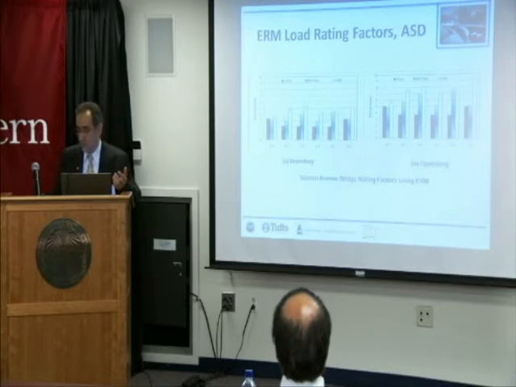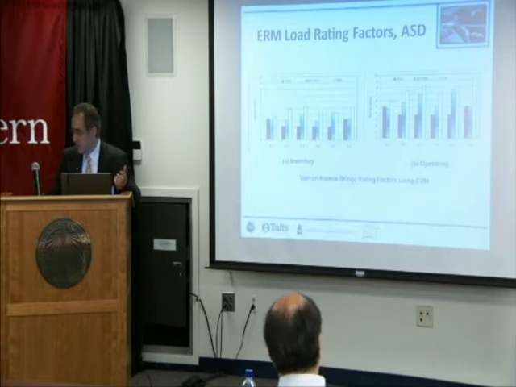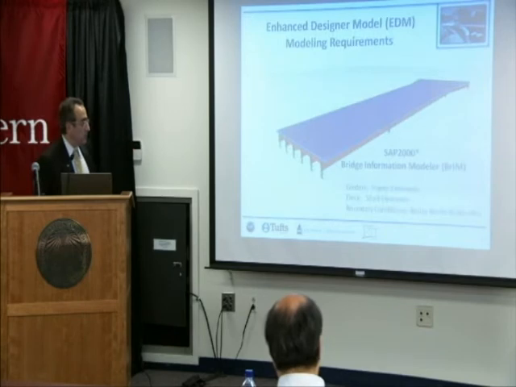And the question for designers is, what do you do with this additional capacity? Do you try to design slimmer bridges, or use this additional capacity to compensate for damage in the long term? Dr. Bell is going to speak about that.